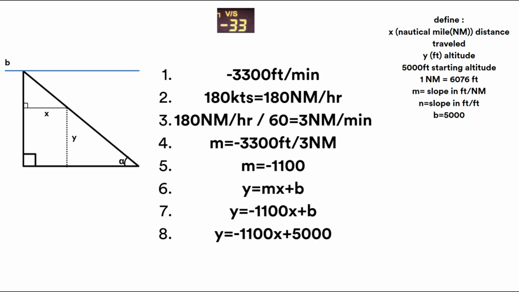Then we use slope-intercept form with a slope of negative 1,100. We use the exact same starting altitude for b, which is 5,000. So the resulting equation is y equals negative 1,100x plus 5,000.